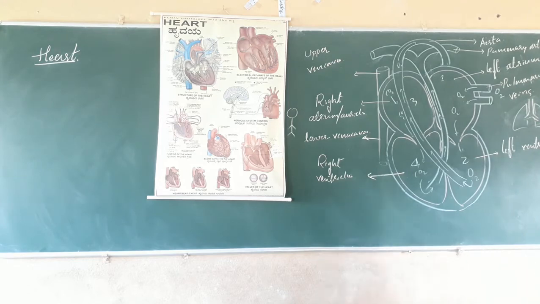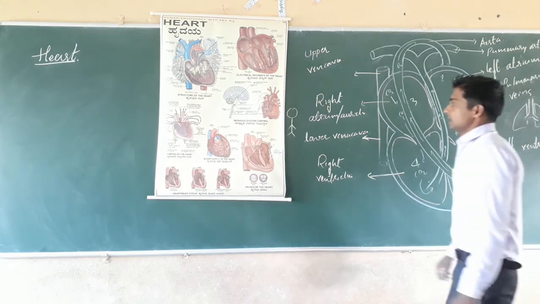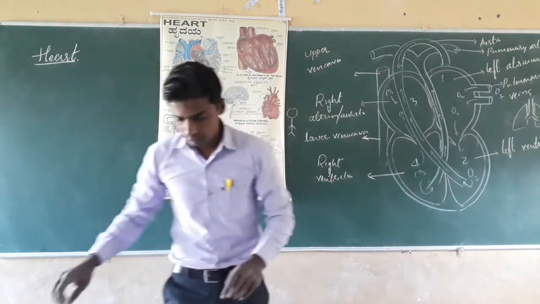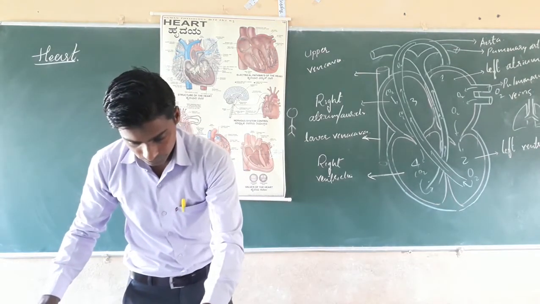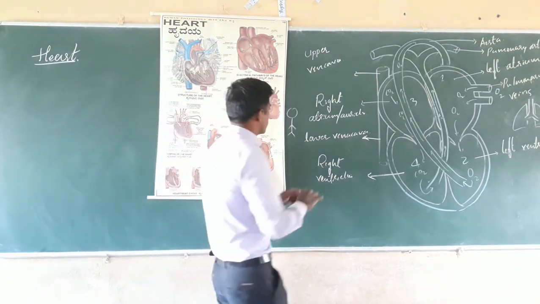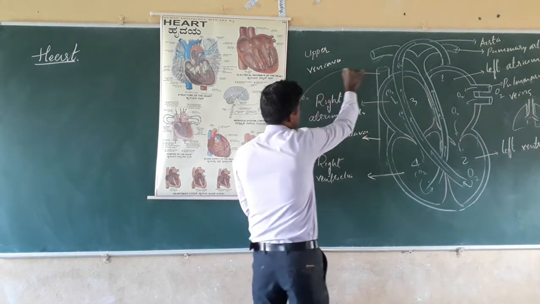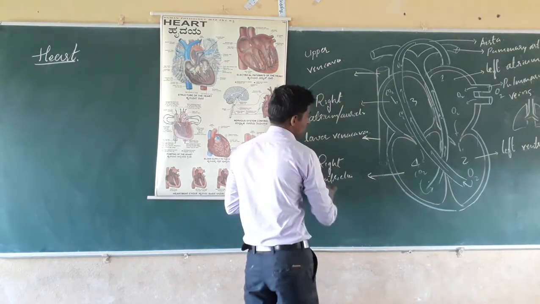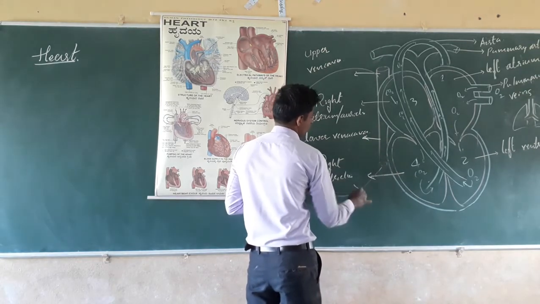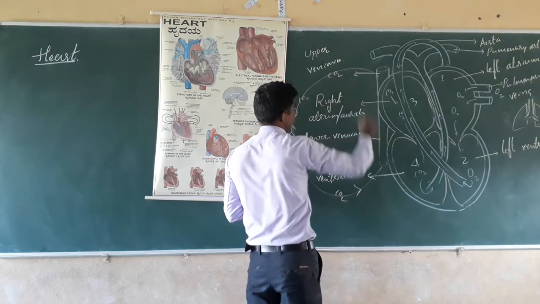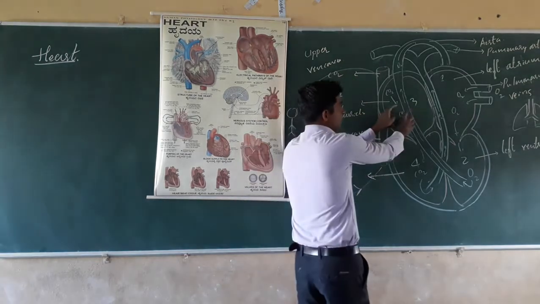See, the deoxygenated blood, that is carbon dioxide rich blood from the lower part of the body, will go to the right atrium.